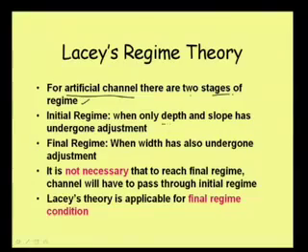Of course, some more points are there that we need to know, but as a beginner we should know what we mean by initial regime: when only depth and slope have undergone adjustment. Initially, when water flows through a channel, the depth will be adjusted first.